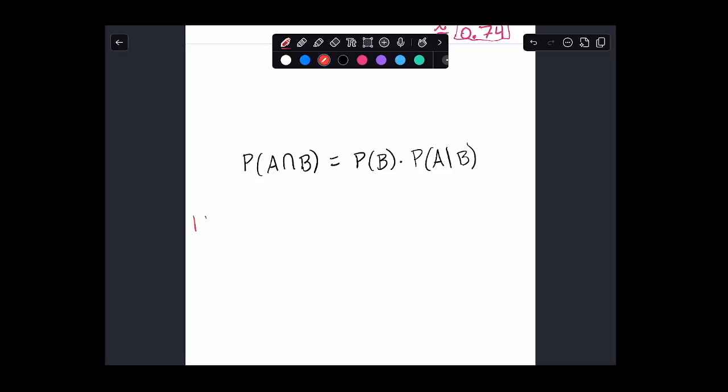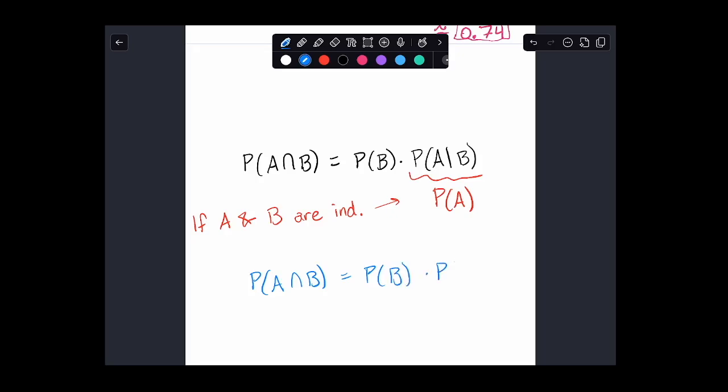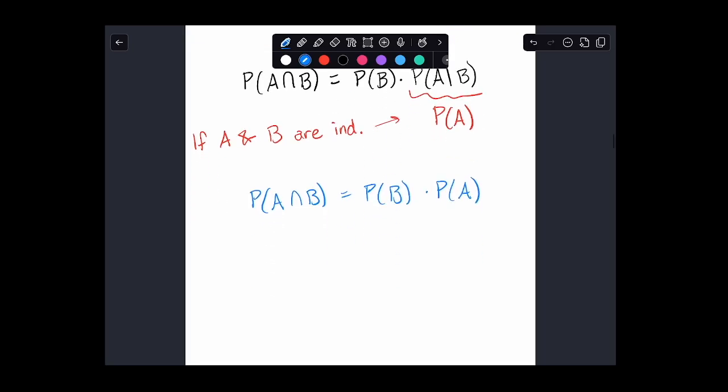Well, if our events are independent, so if A and B are independent events, then this conditional probability, knowing B, doesn't change this probability, and that probability is just the probability of A. So our formula really becomes that the probability of the intersection is the probability of B times just the probability of A. And this is really convenient, and I'm going to write this just in the other order so that we can see this.